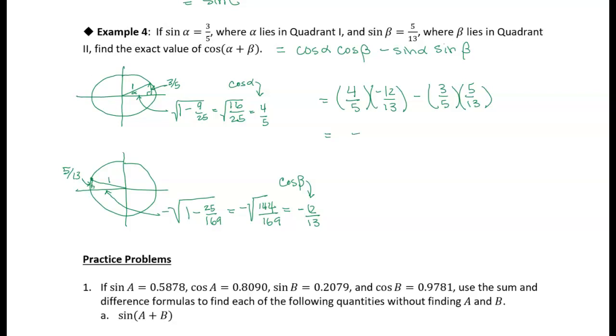I get a minus 48 over 5 times 13, which is 65, minus 15 over 65. If I add the numerators up, I get a minus 63 over 65. So that's my answer. That is the cosine of the sum of those two angles.